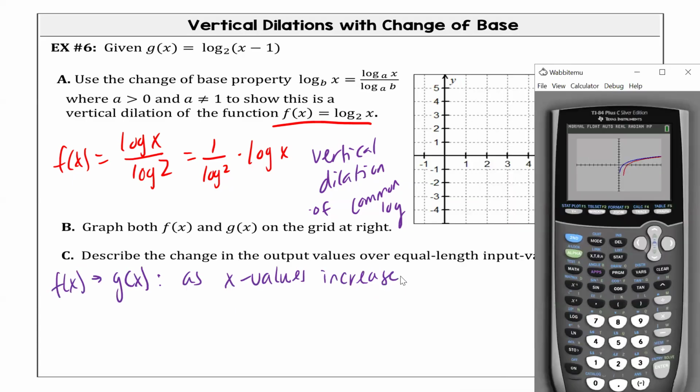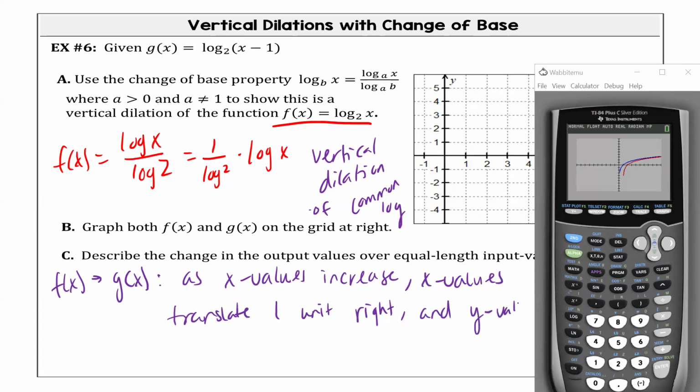As x values increase, however, there was change to my x values. So from f of x to g of x, x values translated. That's why it says to describe your input, because there's no change to the output. The x values translate 1 unit, and y values remain the same.